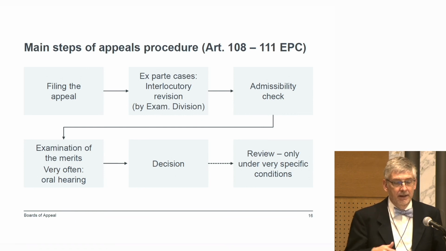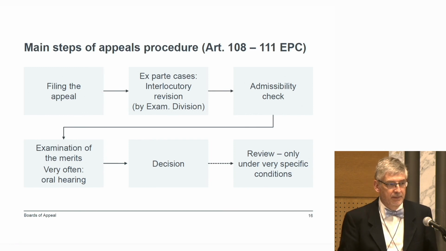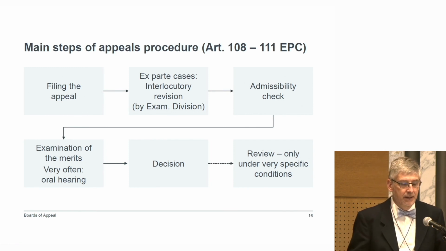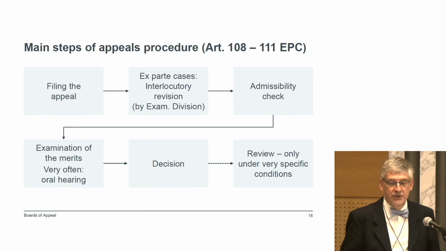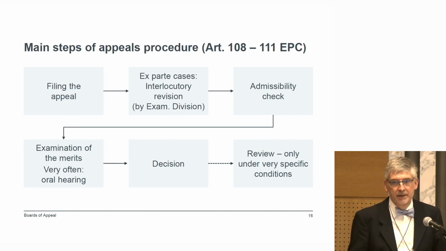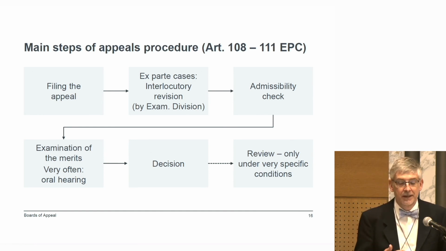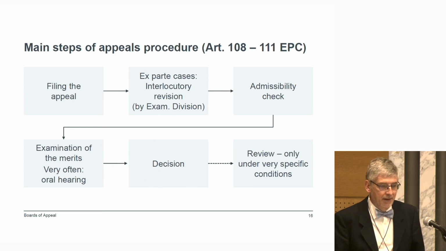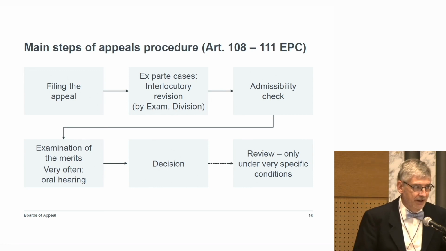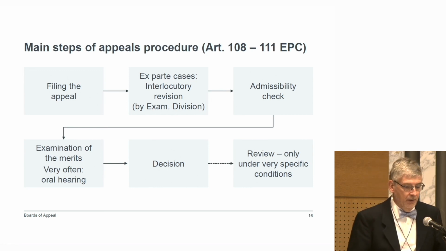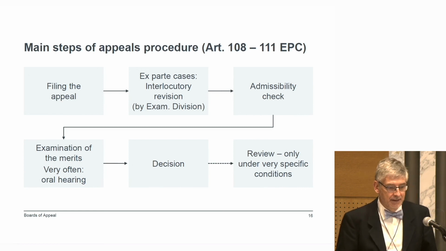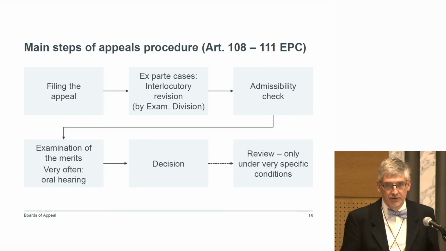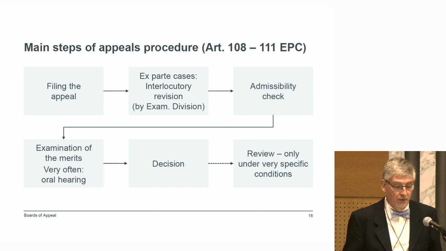After that, and for all opposition appeals directly to the appeal boards, we do an admissibility check for observing the time limits, for paying the right amount of fee, for being a party to the proceedings, and so on. And after that is done, the examination of the appeal on its merits starts. In the majority of cases, this includes also an oral hearing before the boards.